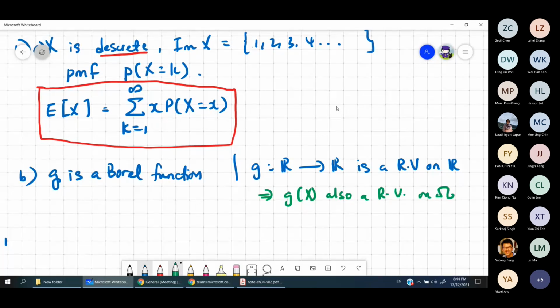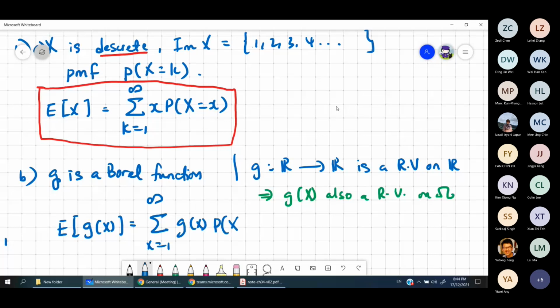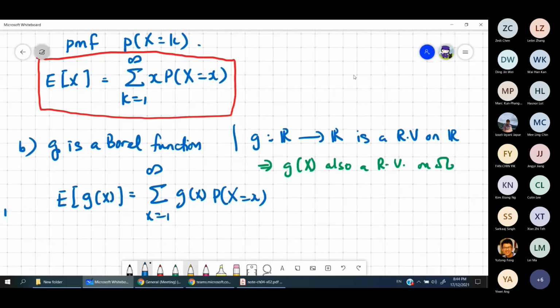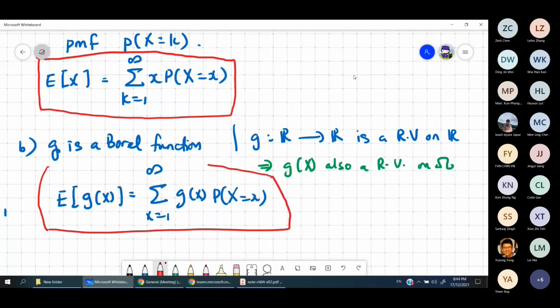In this case, E of G of X equals the sum, where we just replace X with G of X: the sum from X equals 1 to infinity of G of X times P of X equals X. I suppose you have already seen this formula and applied it to all sorts of calculations.